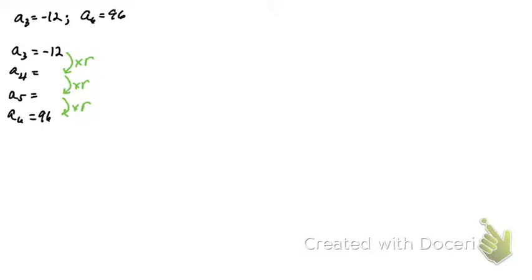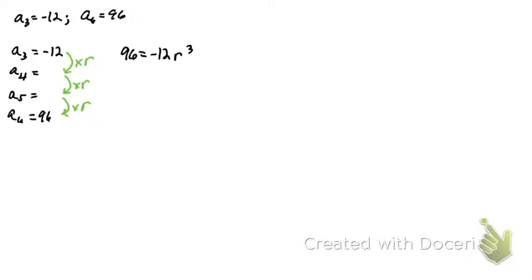So if I start with the negative 12, I am multiplying by R 3 times to get to 96. In other words, negative 12 times R cubed.